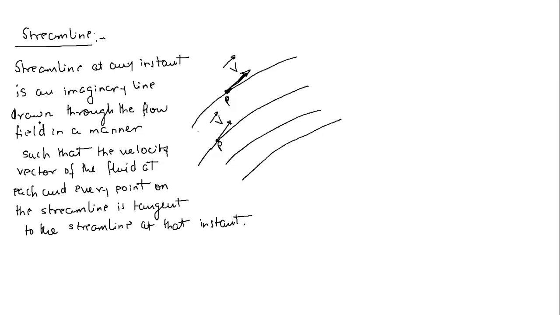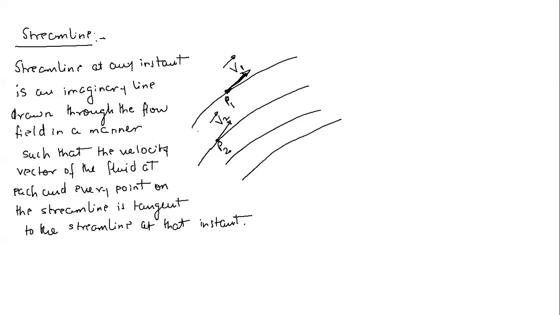No, this is not necessary. So the velocity can vary. Let's say it can be V1, it is V2. The only thing is that the tangent which you have drawn at that particular point should represent the velocity vector at that point.